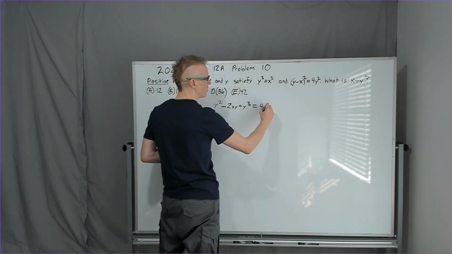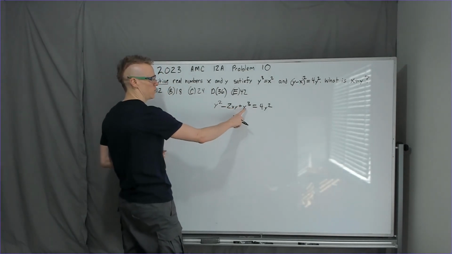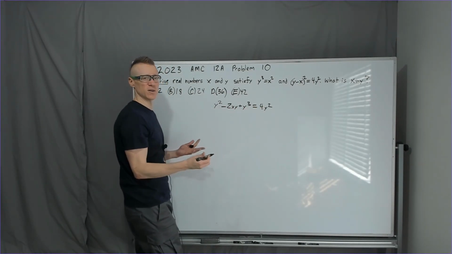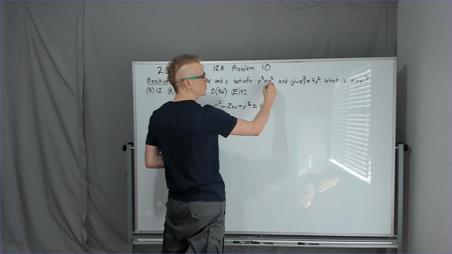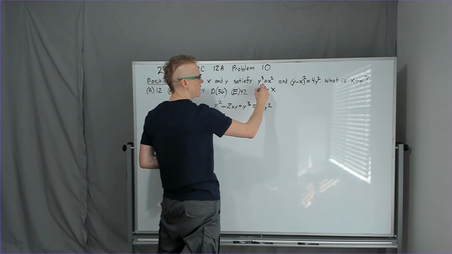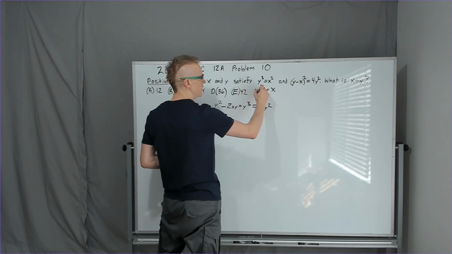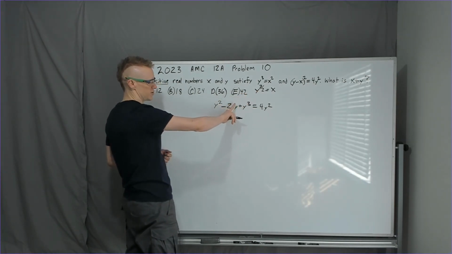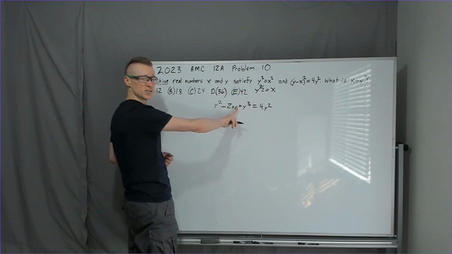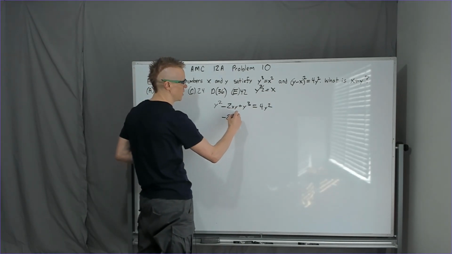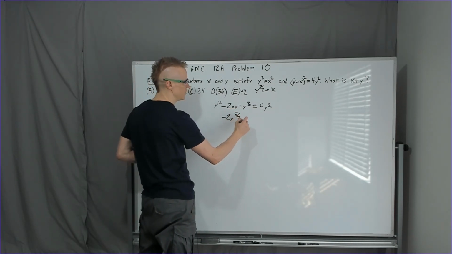Equals 4y squared. Now I've got y, but now I've got xy. Maybe I don't want the x there. Let's square root both sides. You're going to get x equals y to the power of 3 over 2. So if y is to the power of 3 over 2 and I drop it here and I multiply it with y to the first, you're going to have minus 2y to the 5 over 2.